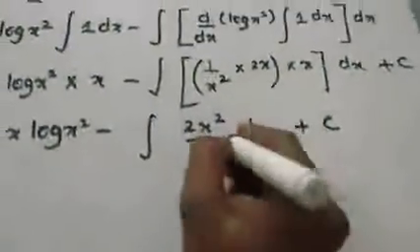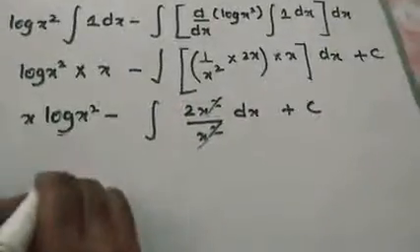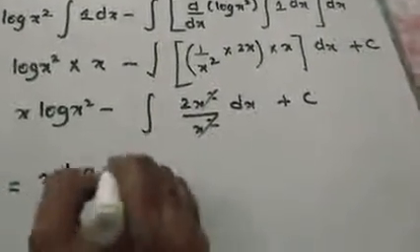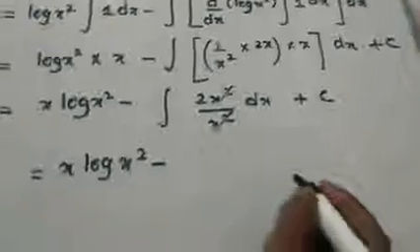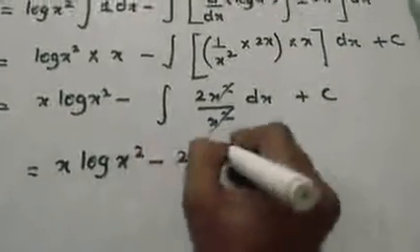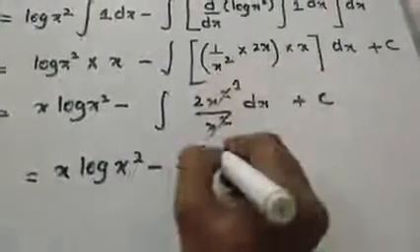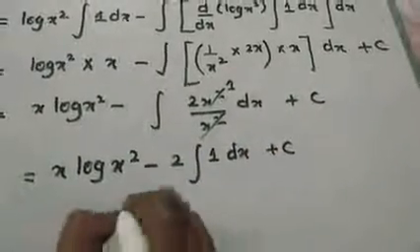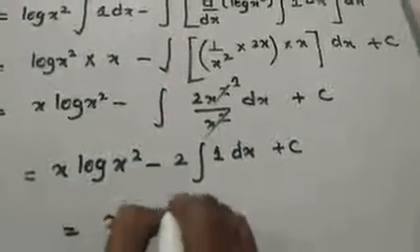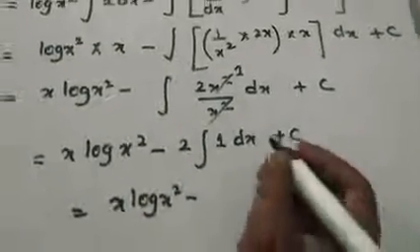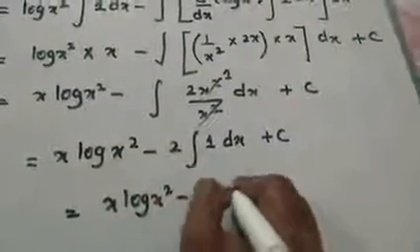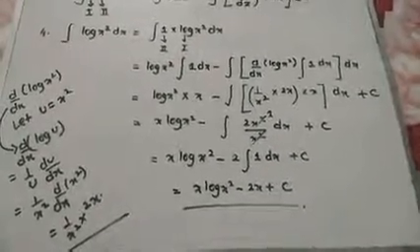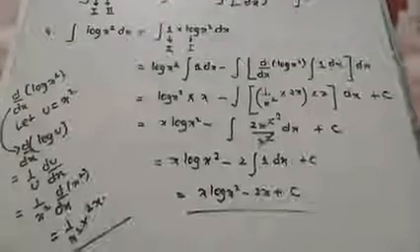Now x square cancels, 2 comes out of the integration, and only 1 dx remains. So it is x log x square minus 2 times the integration of 1 dx, which is x, plus c. So this is your final answer. Clear? Now let us proceed to question number 5.